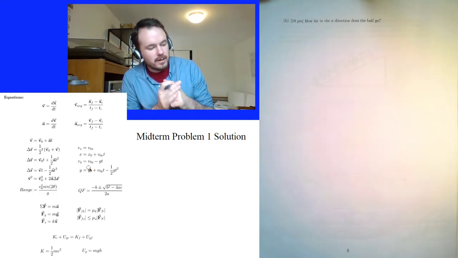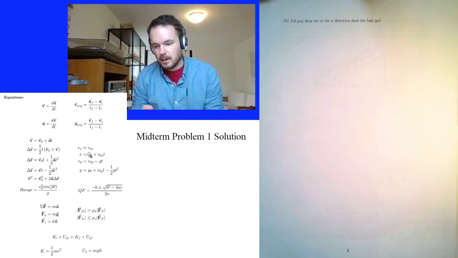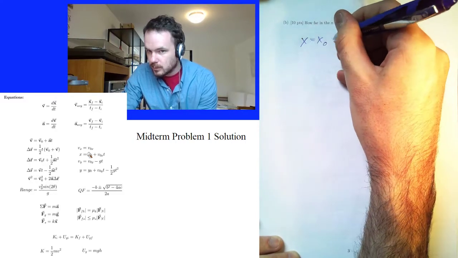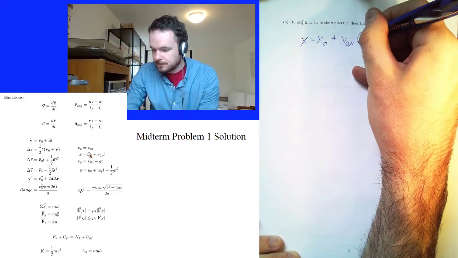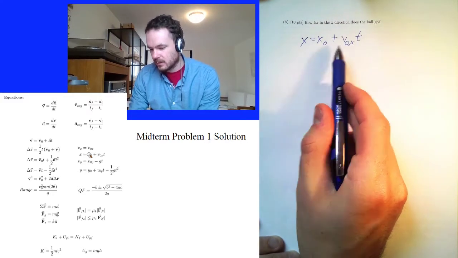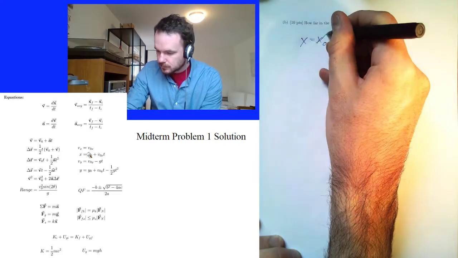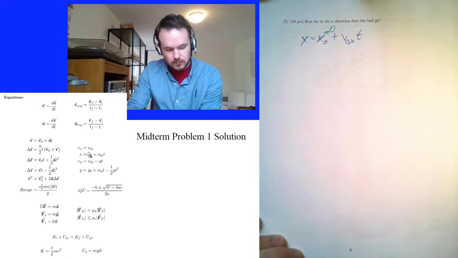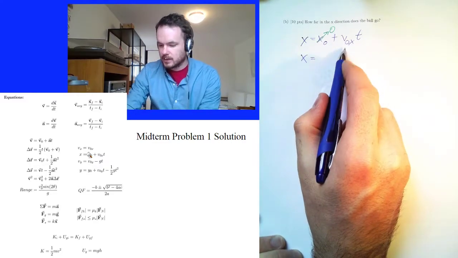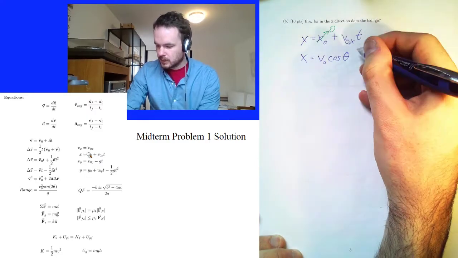So it's asking for how far in the x direction the ball goes. So I'm going to use the second equation here. x equals x0 plus v0x times t. So now we know v0x and we know t, so we can find x, right? x0 is just 0. So x is going to equal, remember v0x was v0 cosine theta times time.